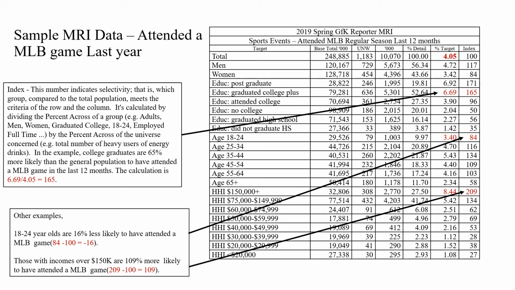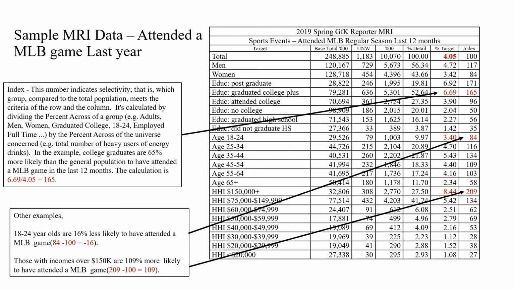So for instance, people who graduated college plus, 6.69%, divided by 4.05% yields a number of 165. And you'll notice that the 84 down there is 3.40 divided by 4.05, and the 209 is 8.44 divided by 4.05. Now, what does that number tell us?